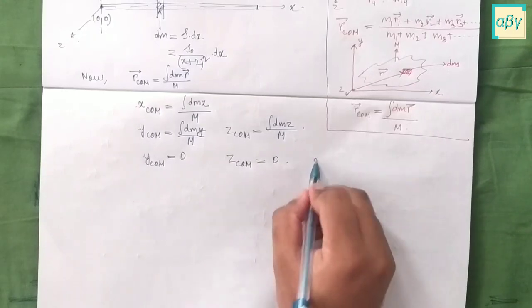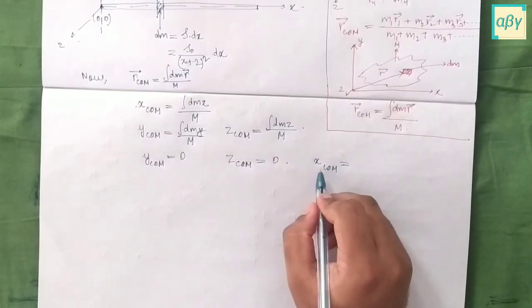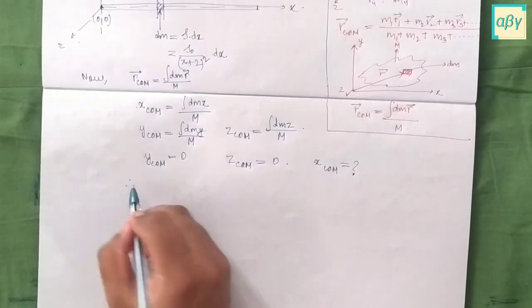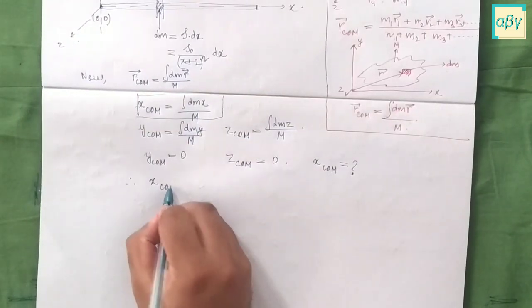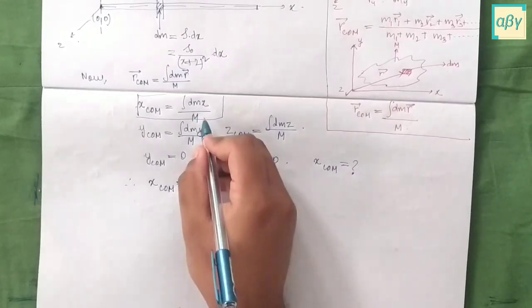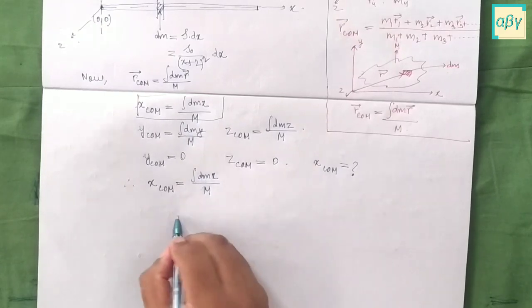So this question is solved if I am able to find the x coordinate of the center of mass. Therefore, by the formula I have written here, the x coordinate of the center of mass is equal to integration of dm x by capital M.